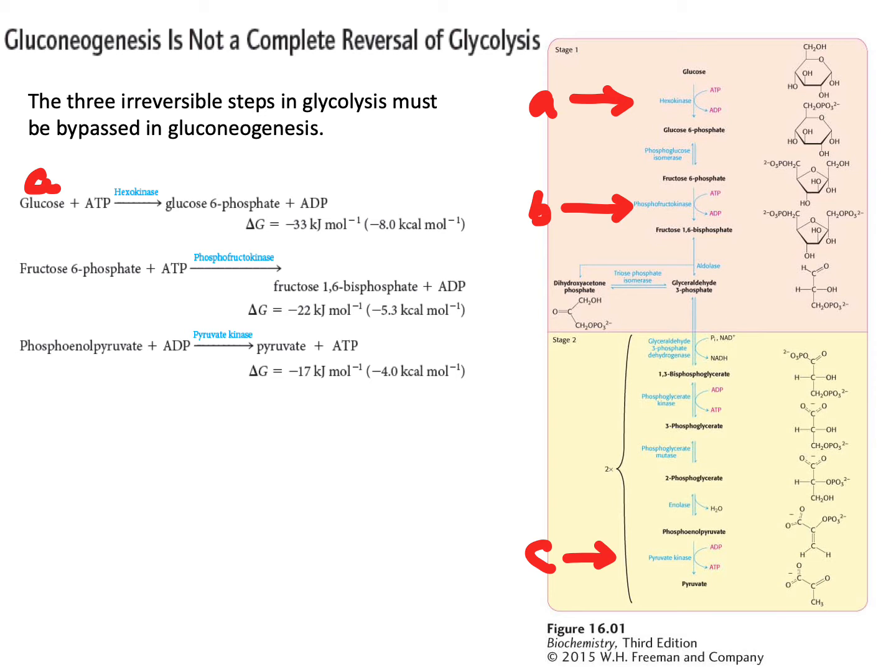So this glucose to glucose 6-phosphate is irreversible because it's coupled with ATP. If not coupled with ATP, then glucose 6-phosphate may just turn into glucose if there's no ATP to help it move to the right side.